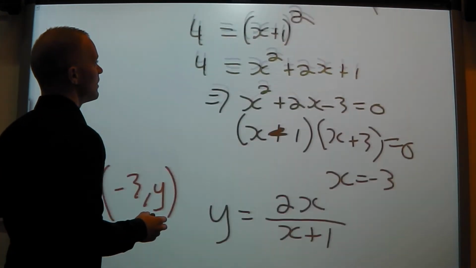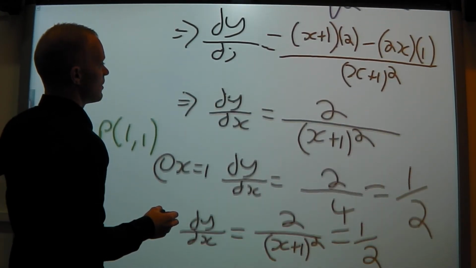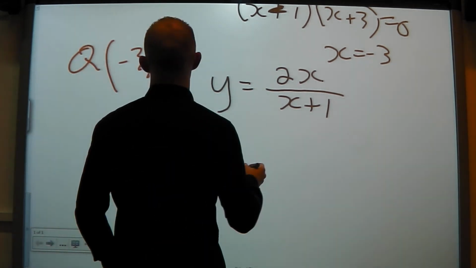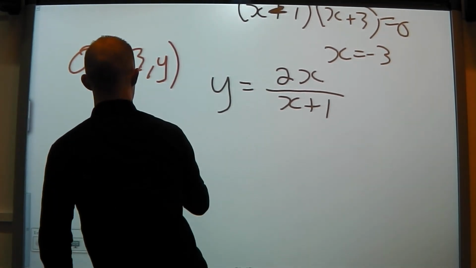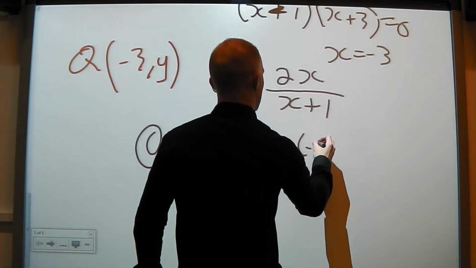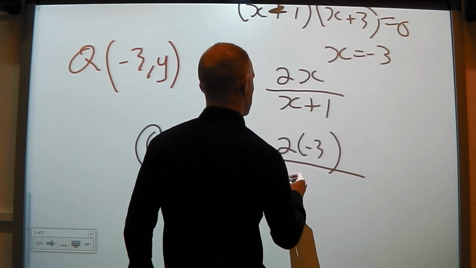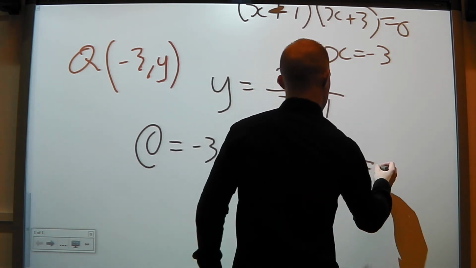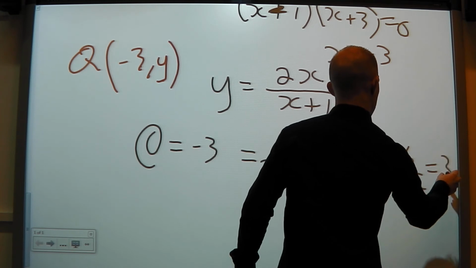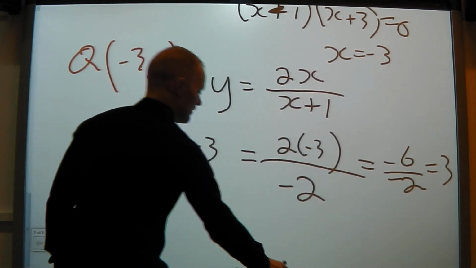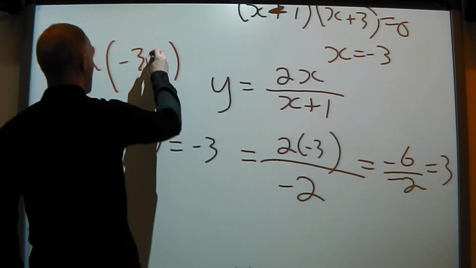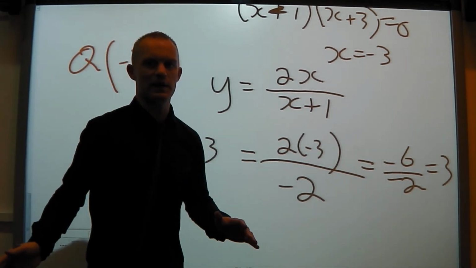So at x equal to negative 3, y is equal to 2 times negative 3 all over negative 3 plus 1, which equals negative 6 all over negative 2, which is equal to 3. So our y value here is equal to 3. So Q is negative 3 comma 3.